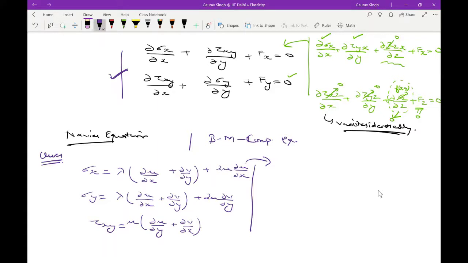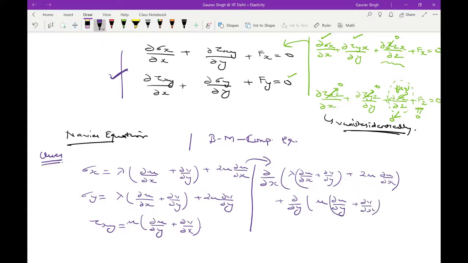So dou sigma x has to go in: dou by dou x of lambda times dou u by dou x plus dou v by dou y, plus 2 mu dou u by dou x, plus dou by dou y of mu times dou u by dou y plus dou v by dou x, plus fx is equal to 0.